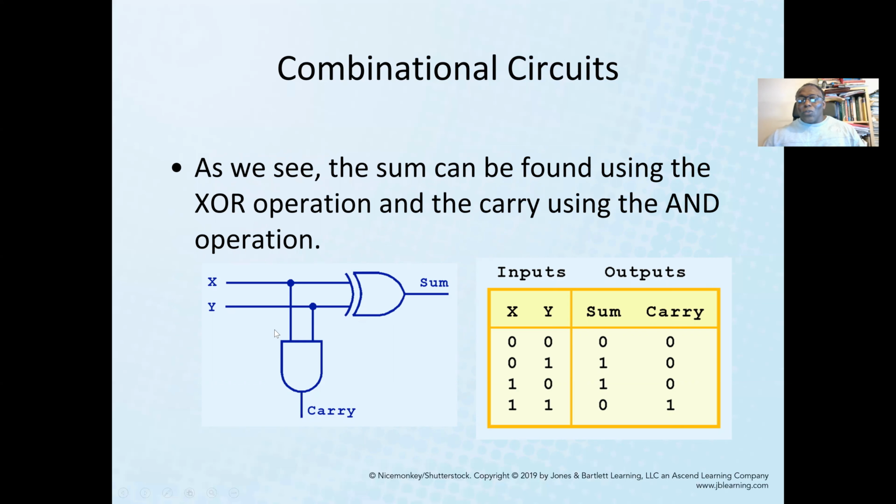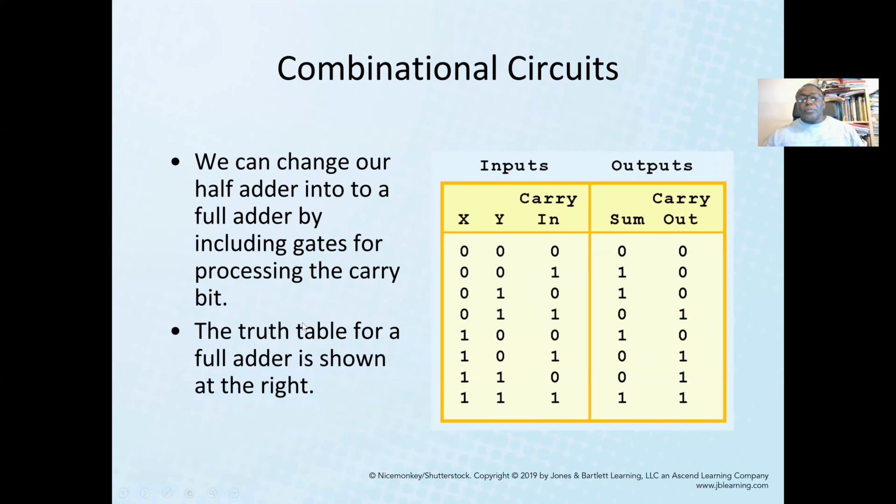And this is how we take our time to design circuits. Here they say we can change our half adder into a full adder. For a full adder, we are using 3 inputs now: X and Y, then carry in, then the sum and carry out. If the truth table is given, we can look at the truth table to come up with the design of the circuit.